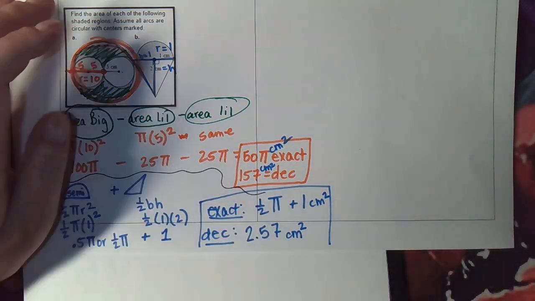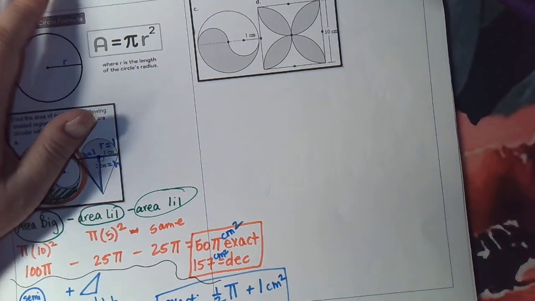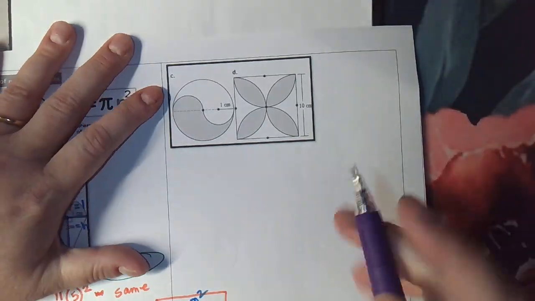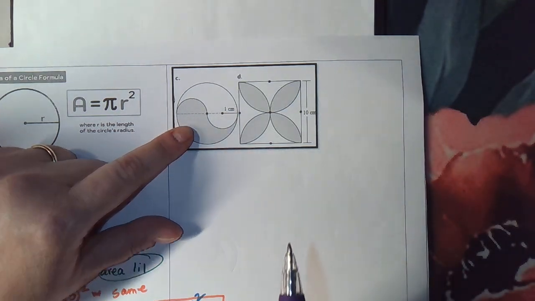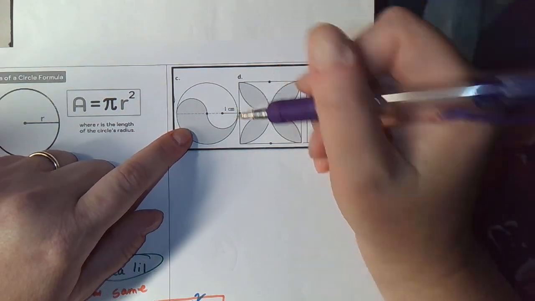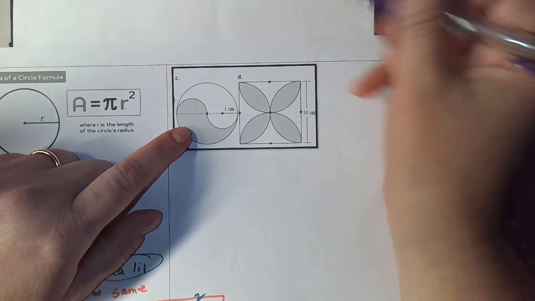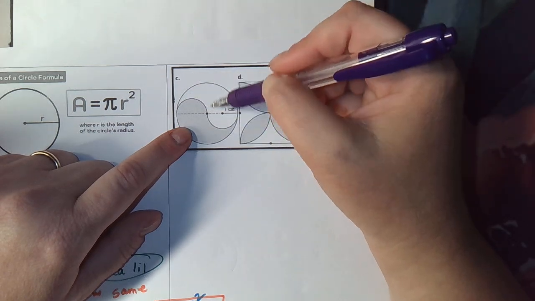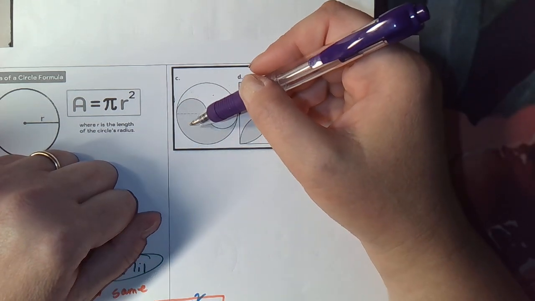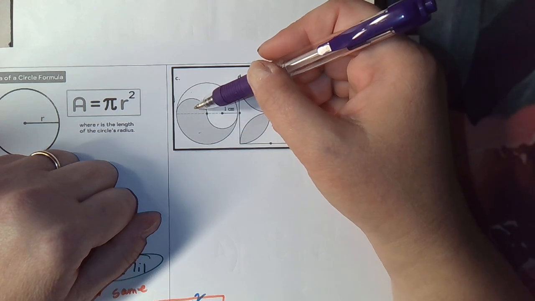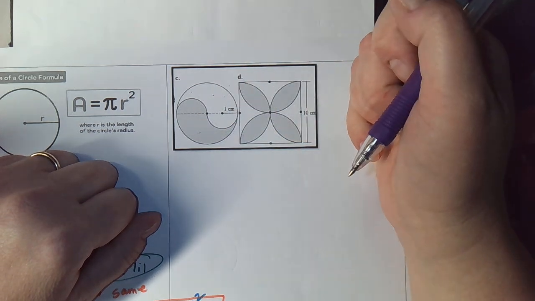Okay, let's look at C and D. They look terrifying, but it's okay. Okay, let's look at this yin-yang symbol. I think we can all agree that the white part is half of the circle, and the gray part is half of the circle.